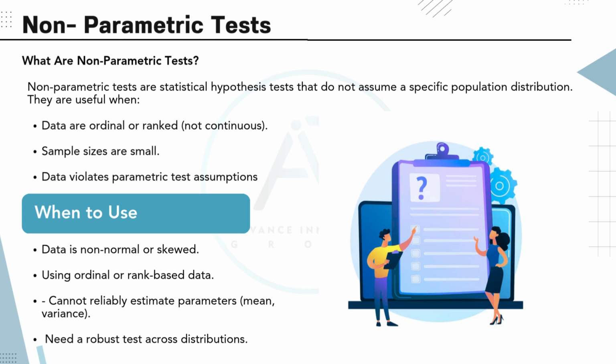You want a robust test that is less sensitive to outliers or non-normal distributions. To summarize, when in doubt about normality or when dealing with ranked or small sample data, non-parametric tests are your go-to tools. We'll dive into specific examples shortly, like the Mann-Whitney, Mood's median, and one-sample sign test.